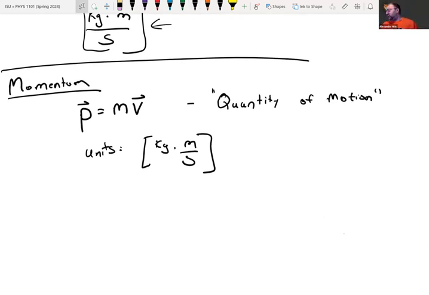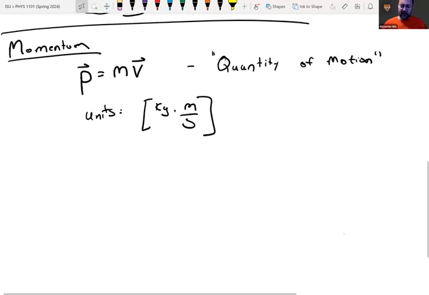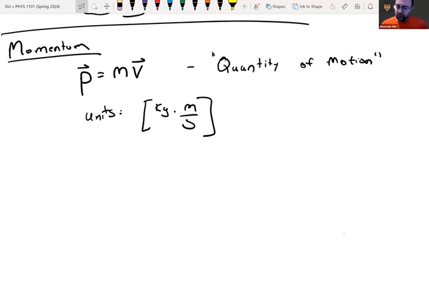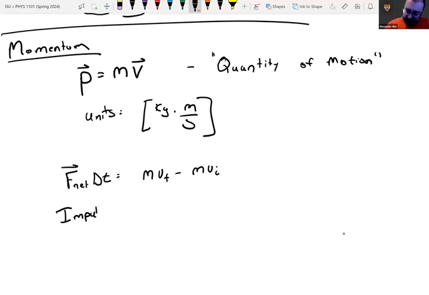All right. Now, going back to that equation, what we had here is F net, and I'll put it in vector form, worth doing, times delta t equals m v final minus m v initial. So this was impulse over here, and those should have vectors as well.